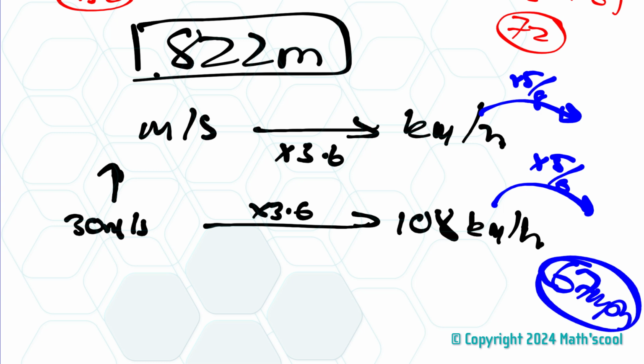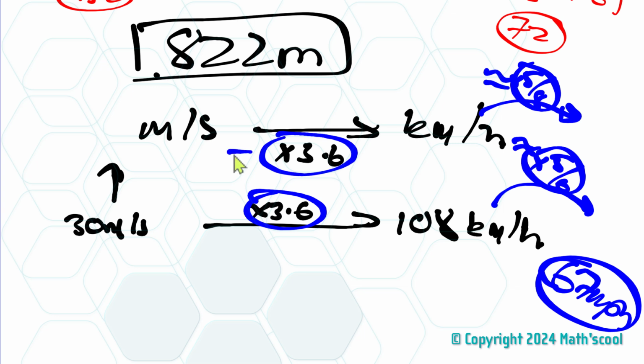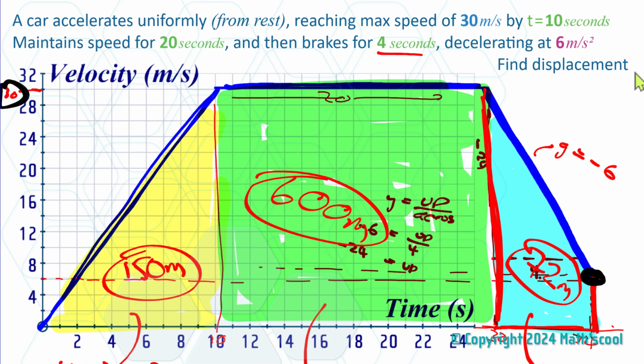Okay, just approximately. That's not an accurate conversion. It's approximate. This is an accurate conversion. Okay. So 30 meters per second equates to 67 miles per hour. So that's a pretty high speed. That's sort of motorway speeds. Okay.